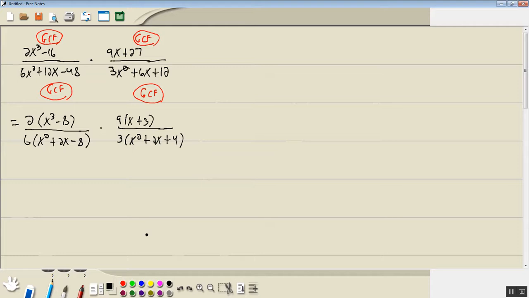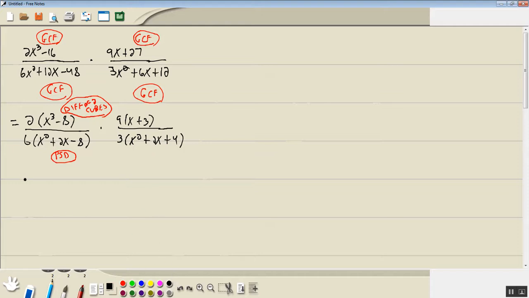Now x to the third minus 8 makes me think difference of 2 squares, but it doesn't work, so I go to difference of 2 cubes. I'm pretty sure the x squared plus 2x plus 4 doesn't factor, so it doesn't break down any.